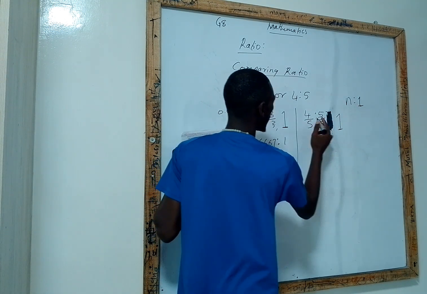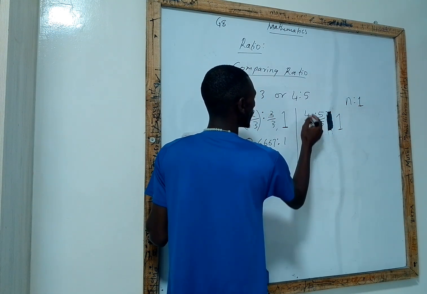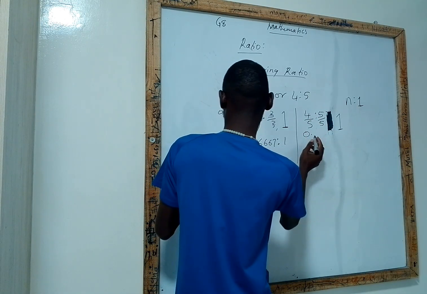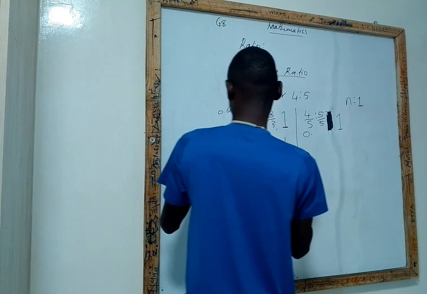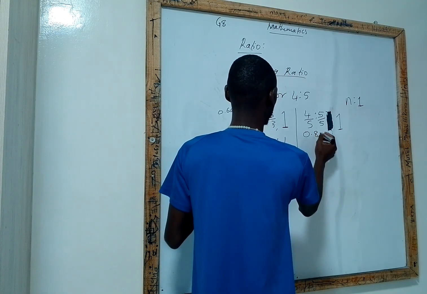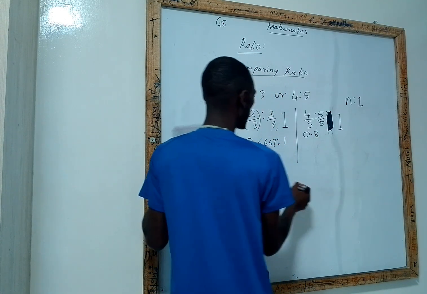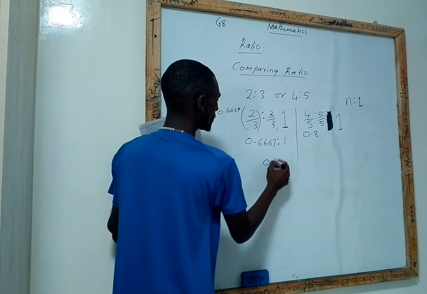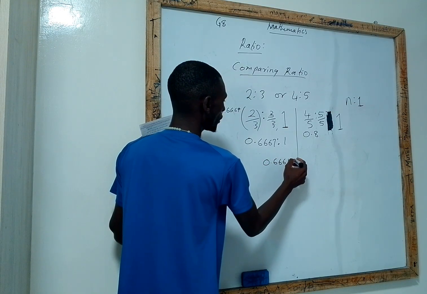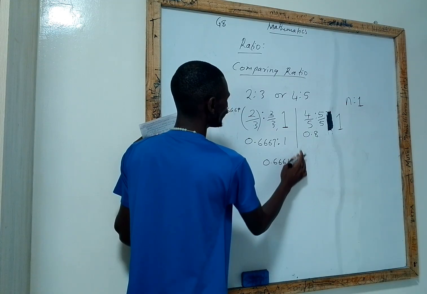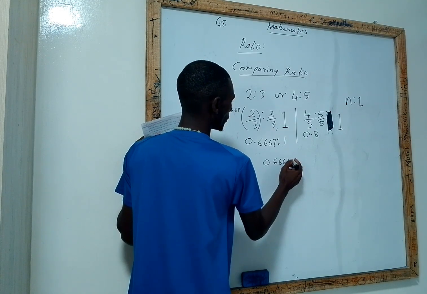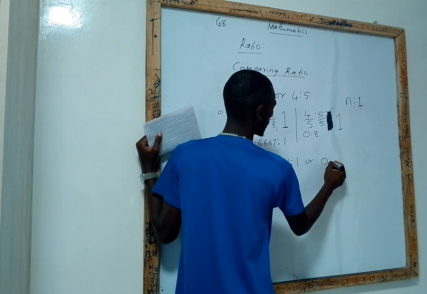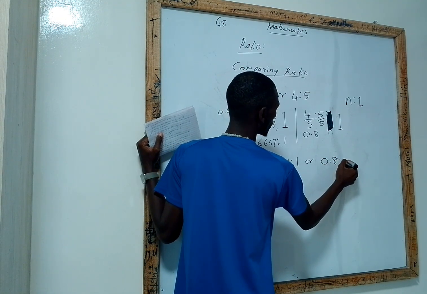Then if you divide this 4 by 5, you will get 0.8. So the ratios now are 0.6667 to ratio 1, or 0.8 to ratio 1.